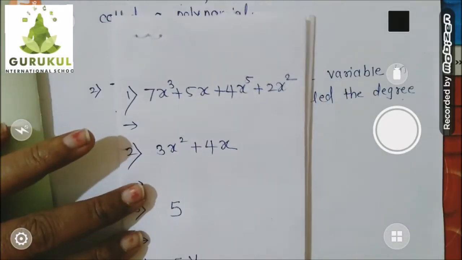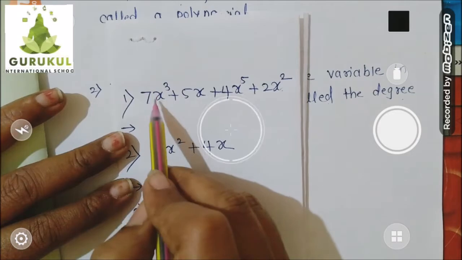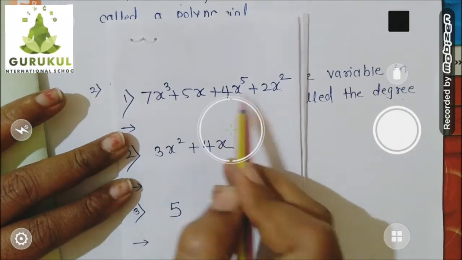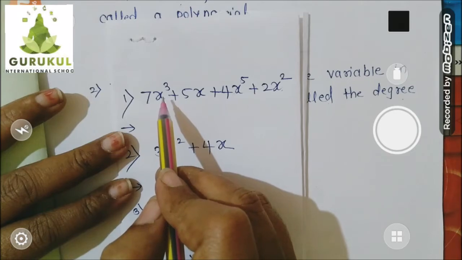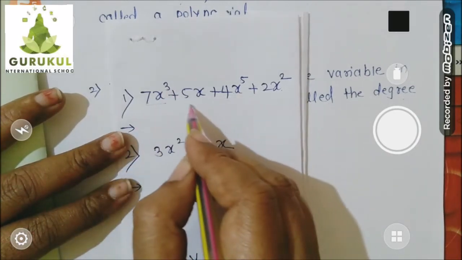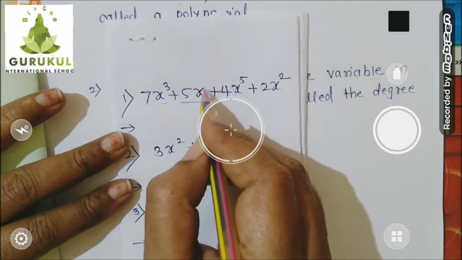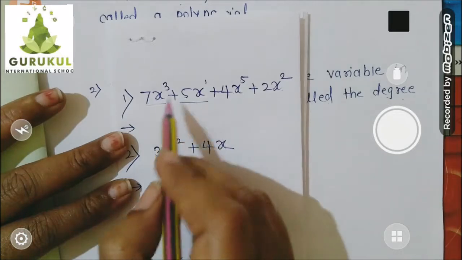Now what is the greatest index? As you can see, in this expression there are 4 terms. First term, second term, third term, fourth term. Let's find out the indices in each term. In this term the index is 3. In this term no index is written, meaning it is considered as 1. Okay.